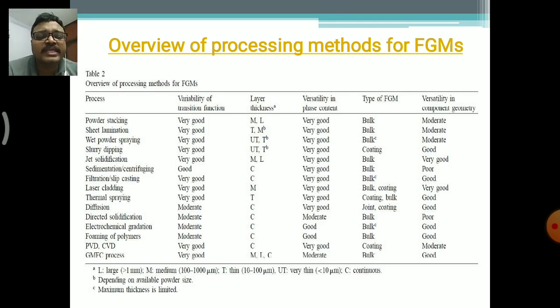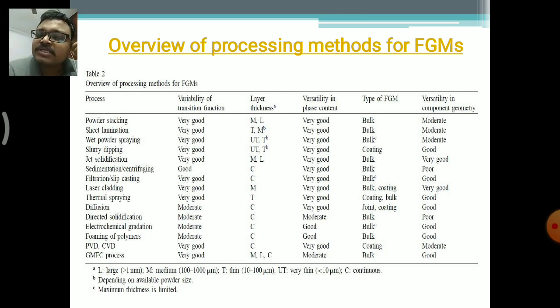In FGM, several types of process can be used for the processing of FGMs. The next column is the variability of the transition function. What is the overall condition of the process? There are very good and moderate processes. The next one is the layer thickness: M means medium, L means large, T means thin, VT means very thin, and UT means ultra thin. The next one is the versatility in the phase content.